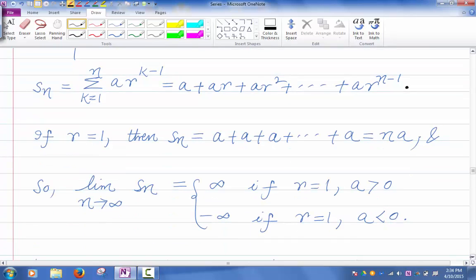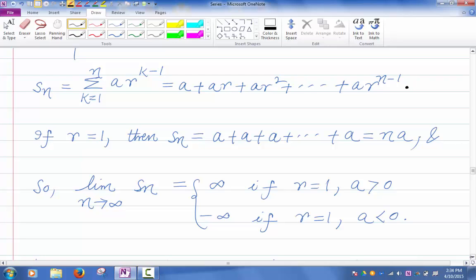What can you say about Sn when r is 1? Well, when r is 1, Sn is a plus a plus a plus dot dot dot plus a. How many a's? n. So Sn when r is 1 is just n multiplied with a.